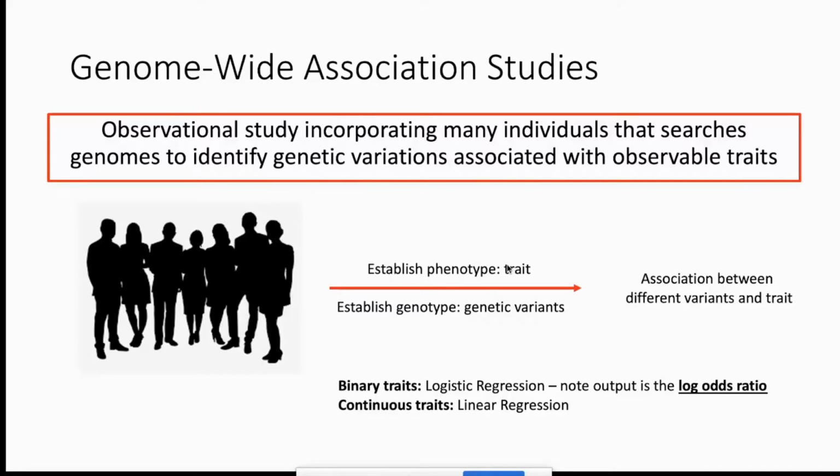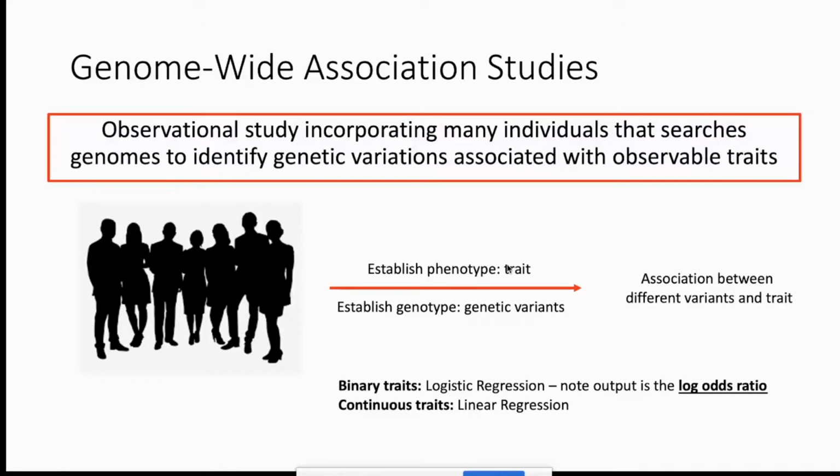Whereas for continuous traits, and that might be something like my HbA1c, which is a glycated hemoglobin A, a measurement of long-term glucose control, that would then be modeled using a linear regression model, and this shows the change in HbA1c associated with the SNP.